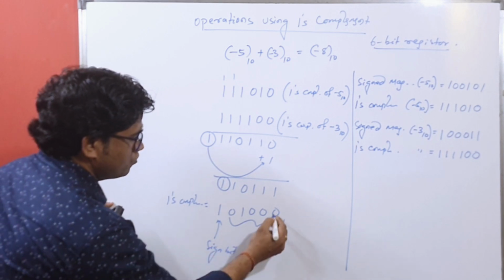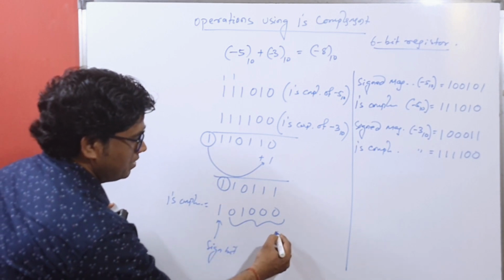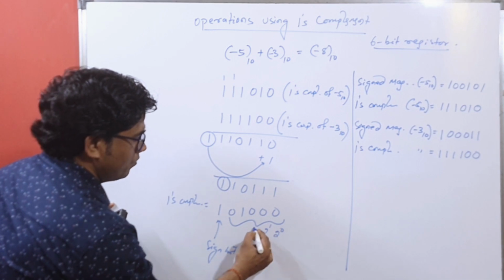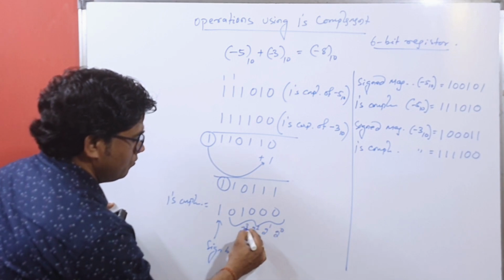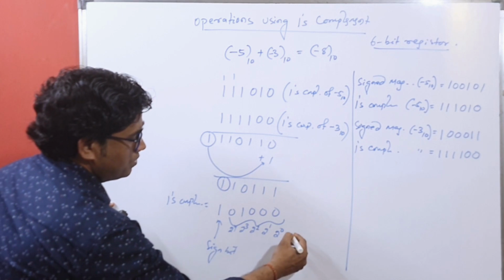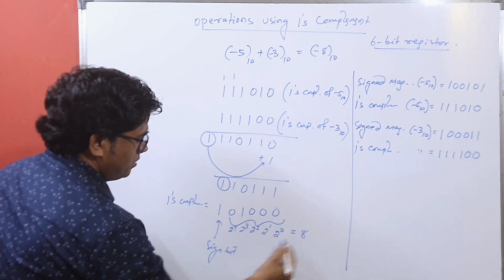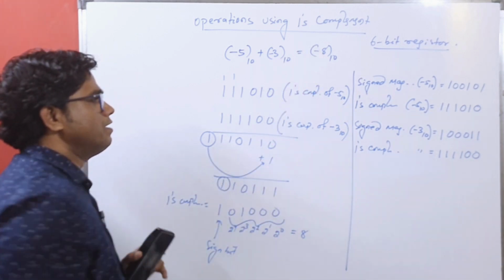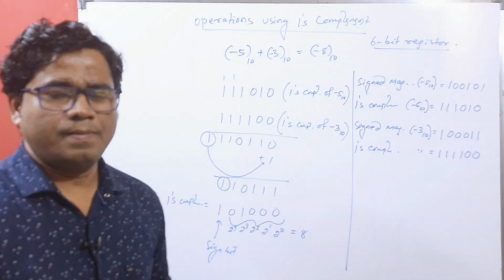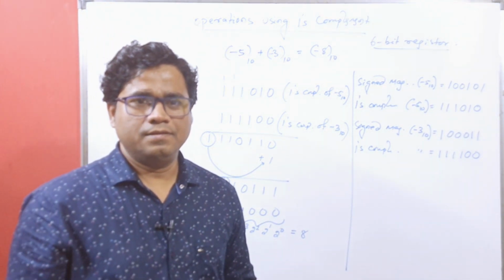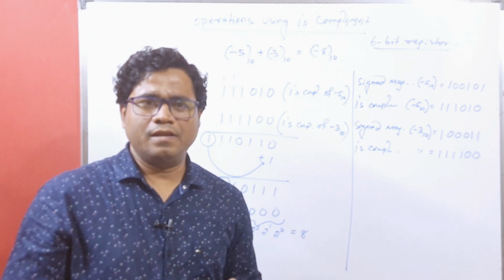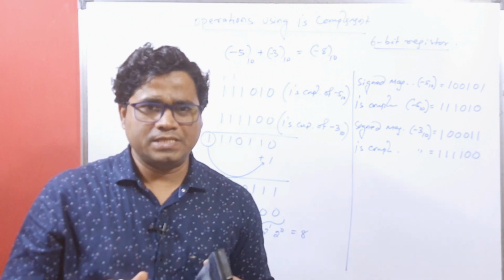Just simply convert it into its decimal: 2 to the 0, 1, 2, 3, 4. So this is 8, and this is the sign bit. So minus 8 base 10. Easy. I hope you are clear on the 1's complement operations.